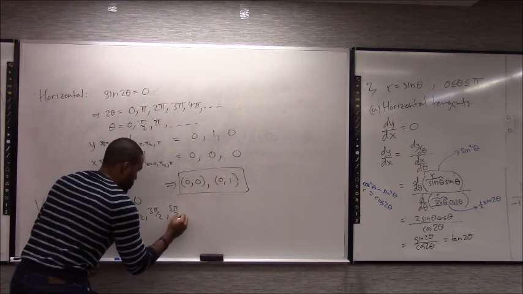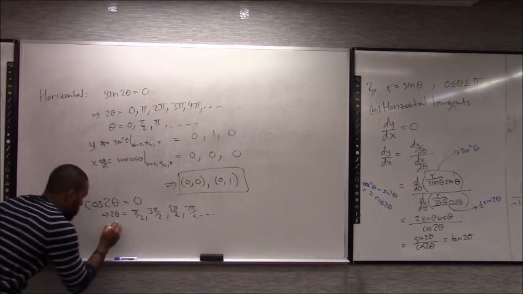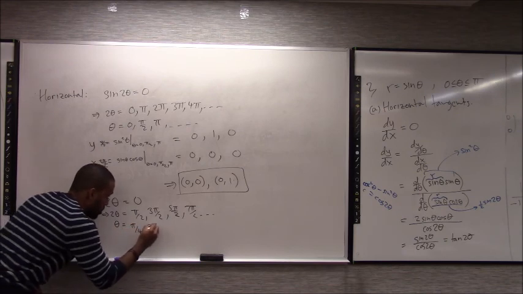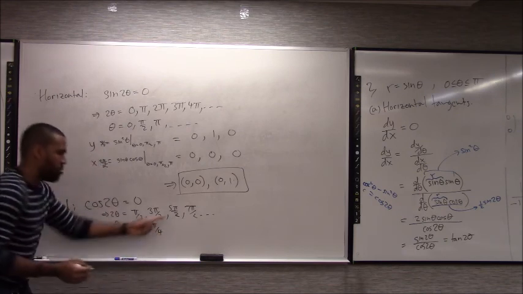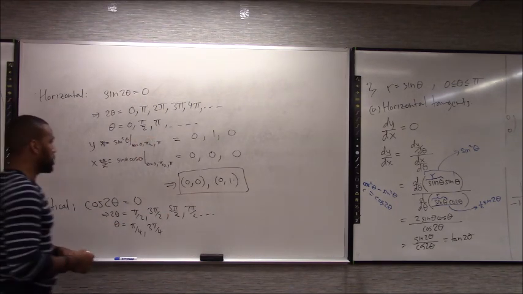5 pi over 2, 7 pi over 2, etc. Which means your theta is going to be pi over 4, or 3 pi over 4. 5 pi over 4 is already outside the range of 0 to pi, so only 2 candidates here.